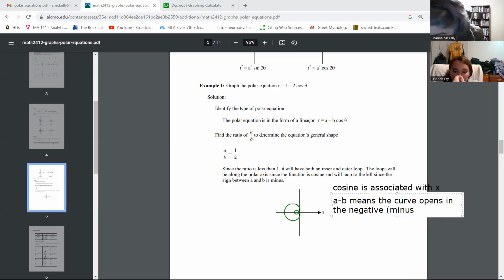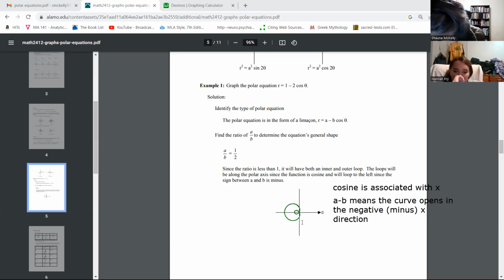It's not totally the way that your book is going to tell you. I mean, it's not wrong, but it's just a little bit less formal than your book will be. Okay. The negative or the minus x direction, which is what this says. If there's a plus there, then it's going to open to the right.